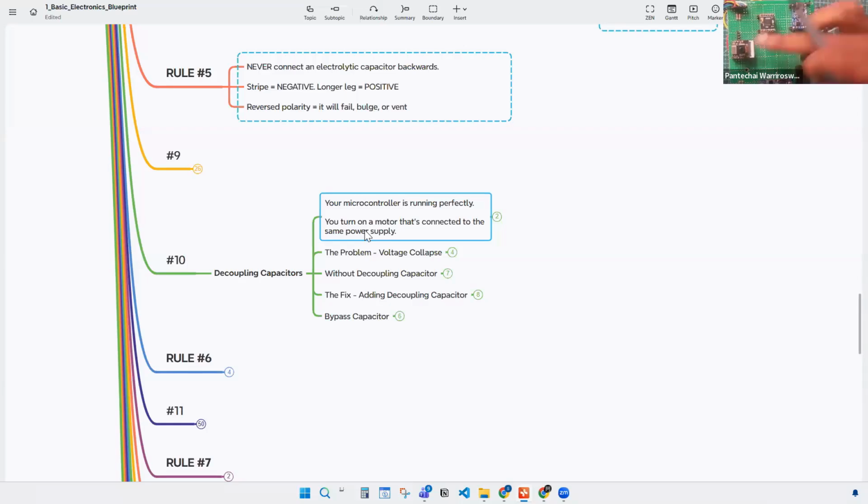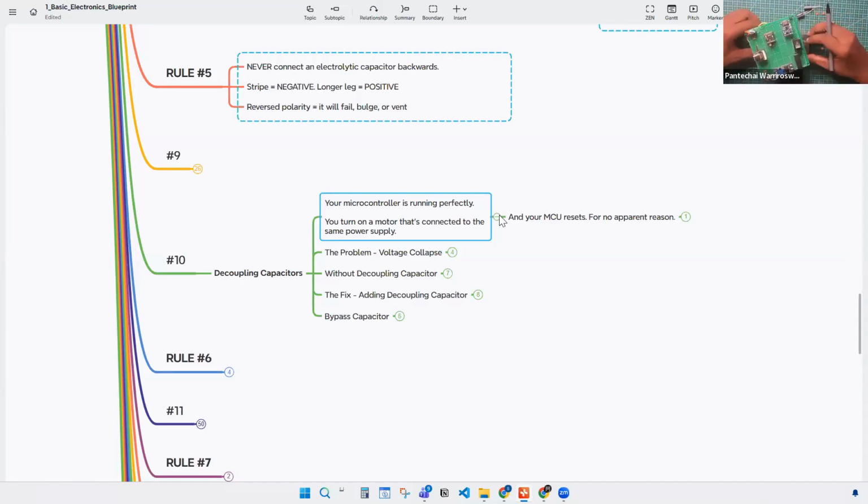Imagine your microcontroller is running perfectly. But what if, whenever the motor is running, some problem happens? When your robot is in a normal idle state, your microcontroller is okay.